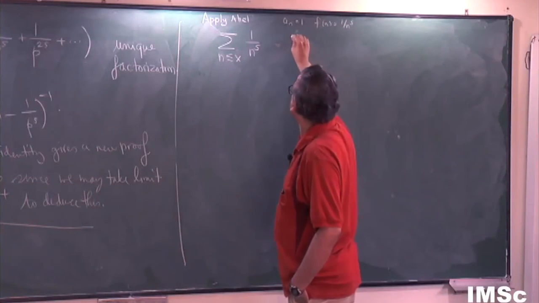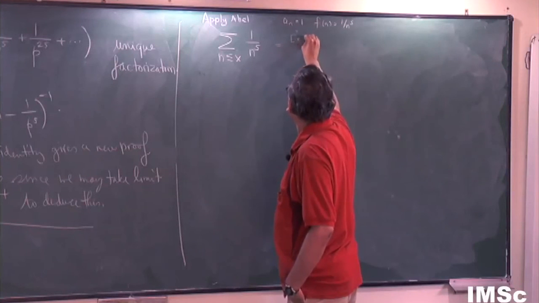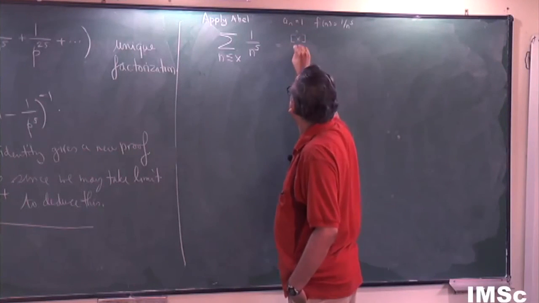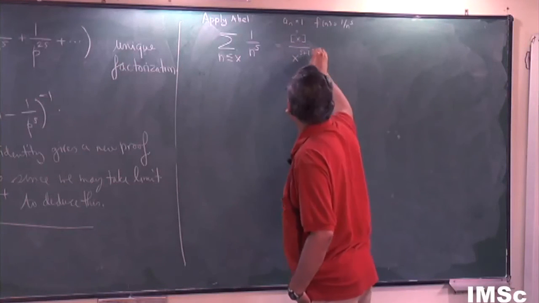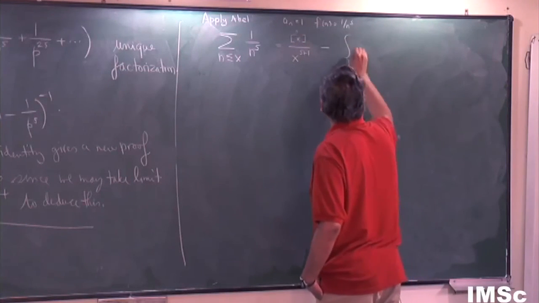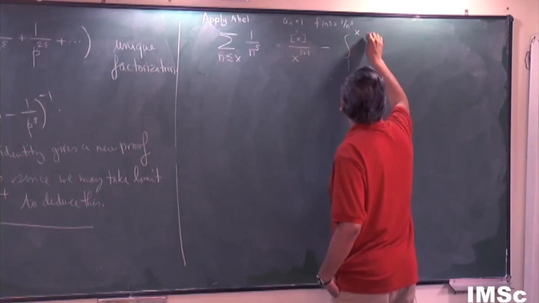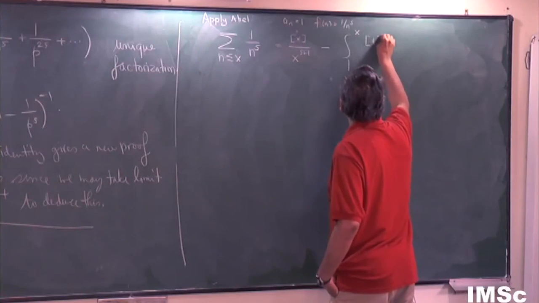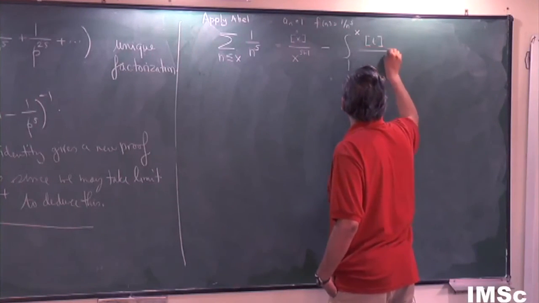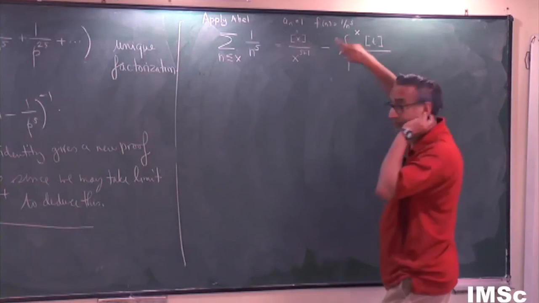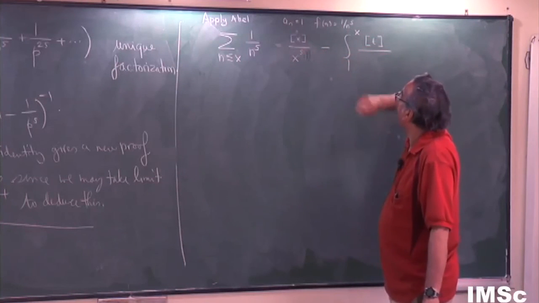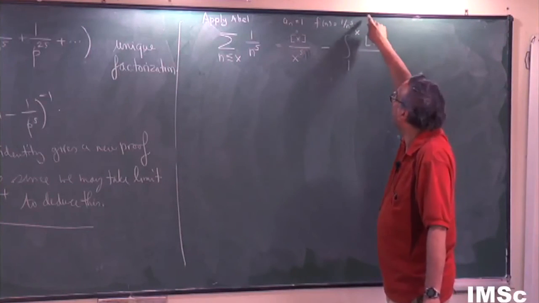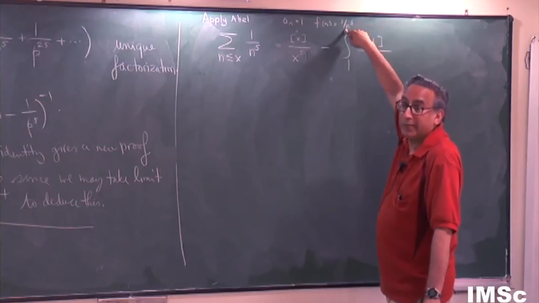Well, I know the partial sums of this: it's the greatest integer function that we talked about last time, divided by x to the s, plus 1, right? Minus the integral from 1 to x of the greatest integer of t times the derivative of 1 over t to the s.